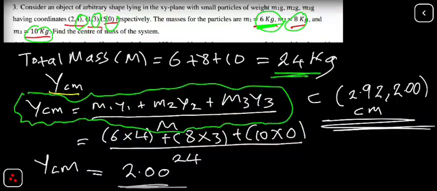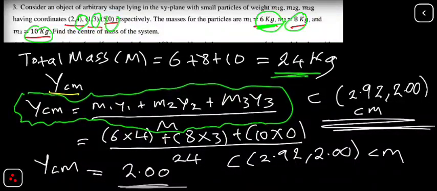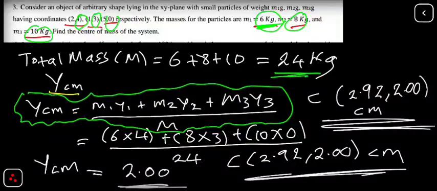Let me just write it nicely: 2.92 comma 2.00 centimeters. So this is the center of mass of the system.